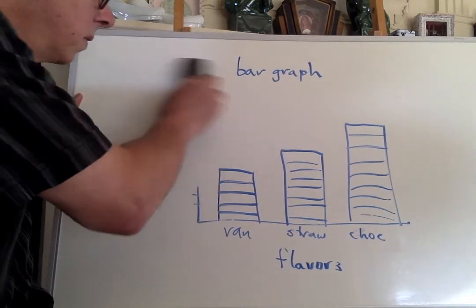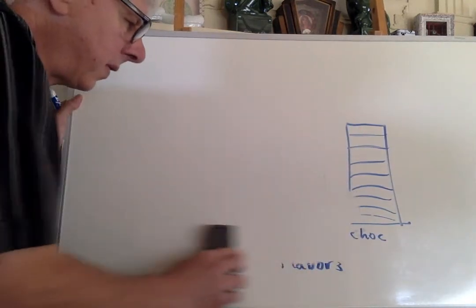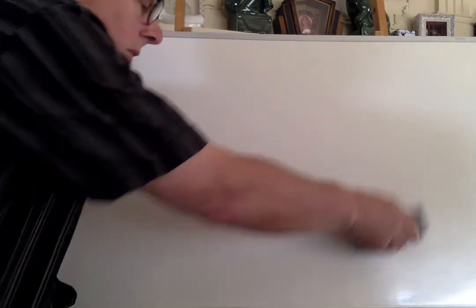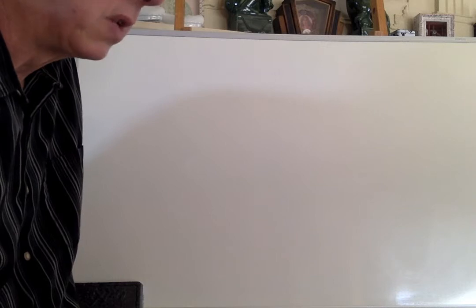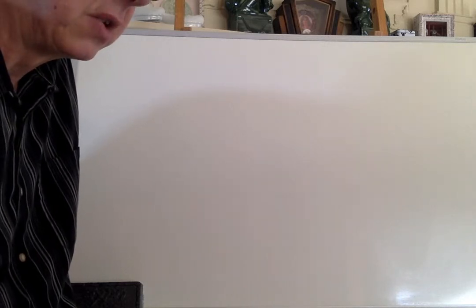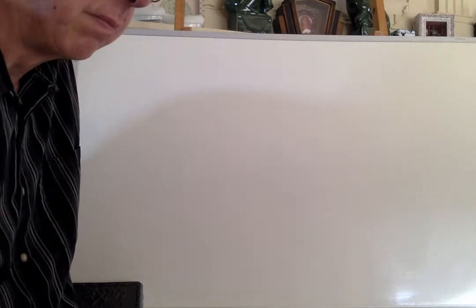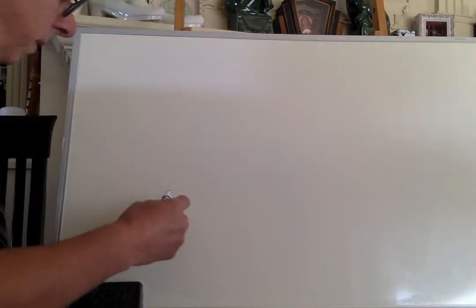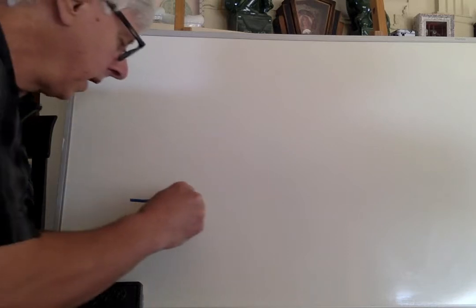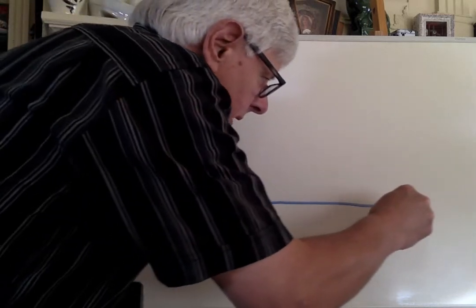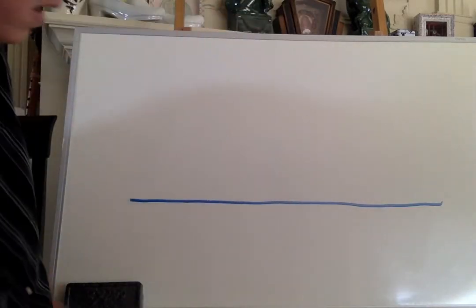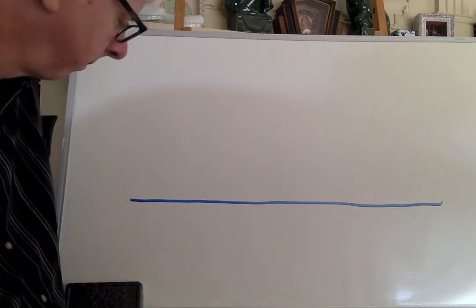So let's look now at a sort of conceptual frequency distribution histogram, and I'm not going to put any actual numbers on, but here's what we're going to do. We're going to have a number line, okay?